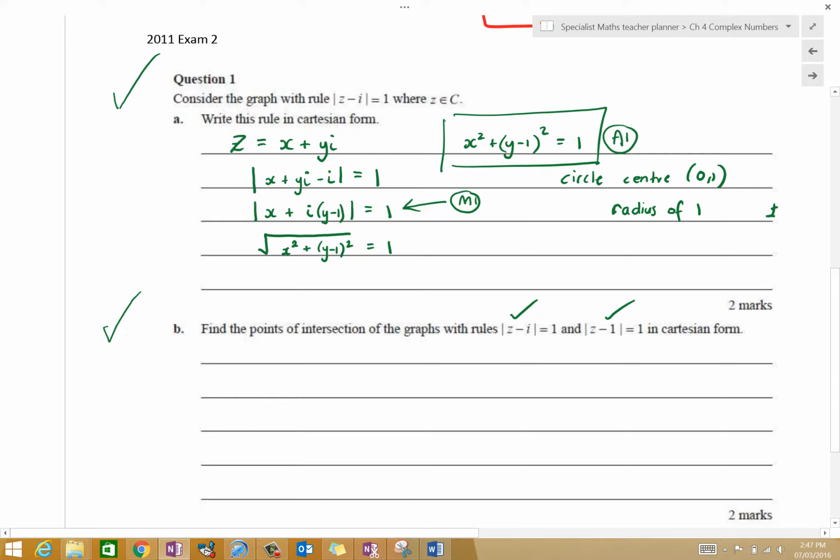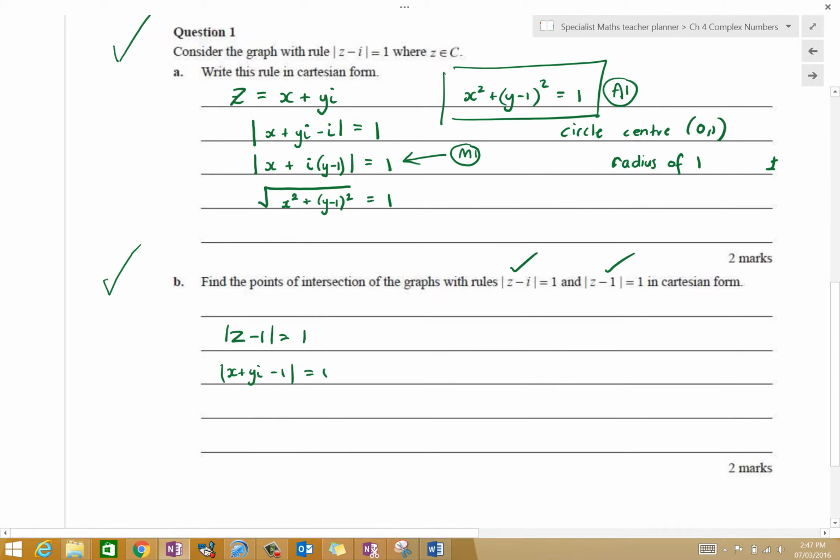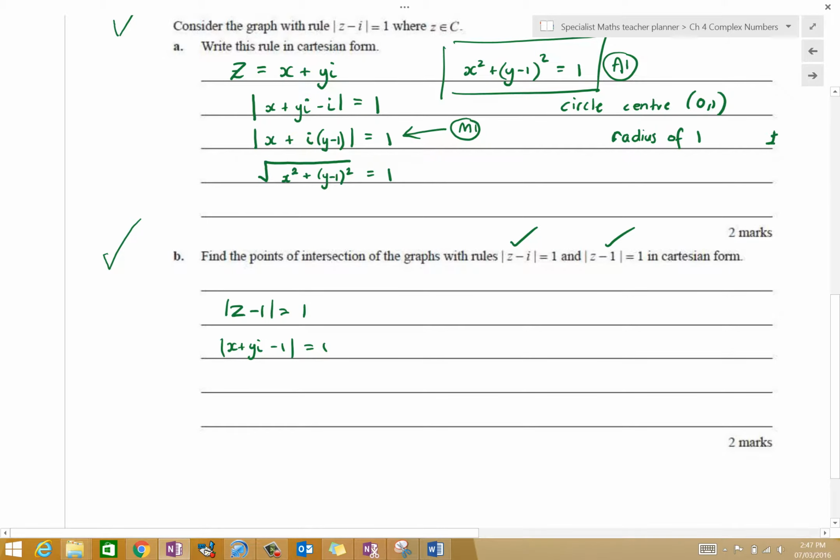So therefore we can say that |z minus 1| is equal to 1 is equivalent to |x plus yi minus 1| is equal to 1, which I can go straight to, if you like.